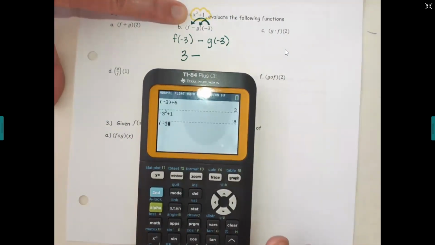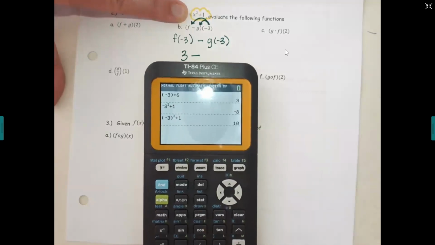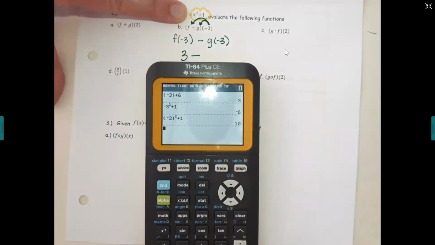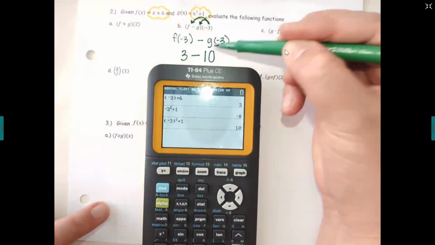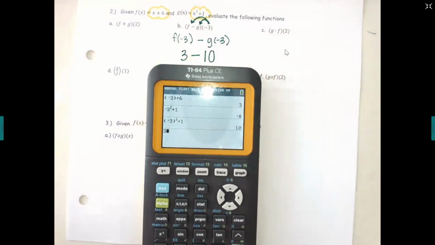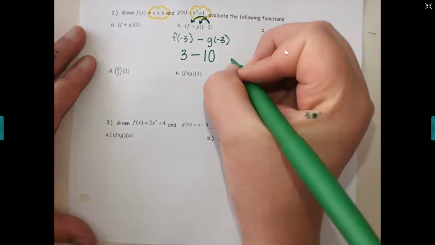You want this: -3 squared plus 1, 10 is the correct answer. So make sure that when you plug in, if it's a negative, you group it in parentheses first. Then I want 10 taken away from 3. What is 3 minus 10? Final answer is -7. Very good.